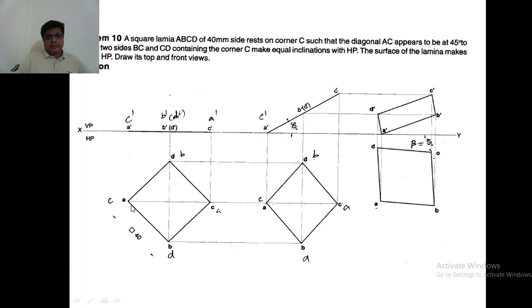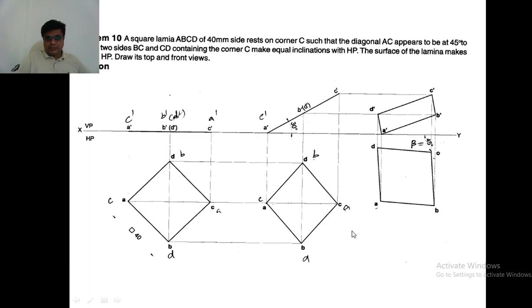And the diagonal AC appears to be 45 degree to VP. So the length of this diagonal is reduced, so he is telling it appears to be 45 degree. So directly you can draw this diagonal at 45 degree and redraw this square here, so that AC will be at 45 degree to the vertical plane.